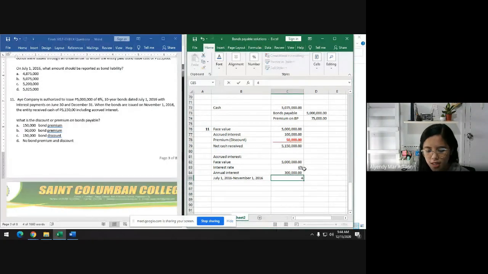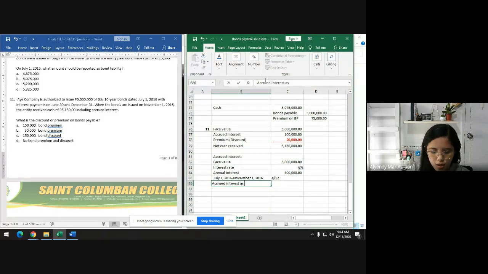4 over 12 is just one-third. So, the accrued interest as of November 1, 2016 is 5 million times 4 over 12, that is 100,000.